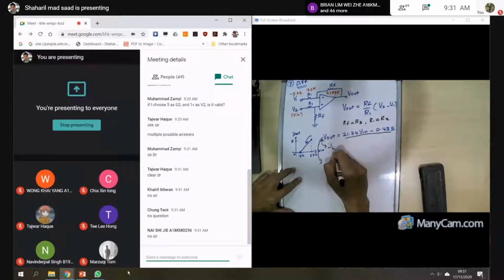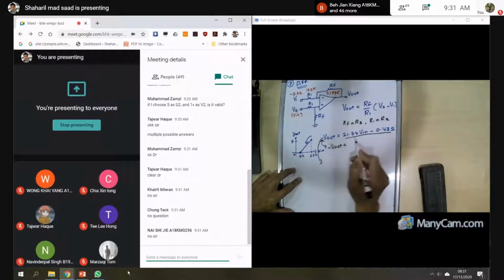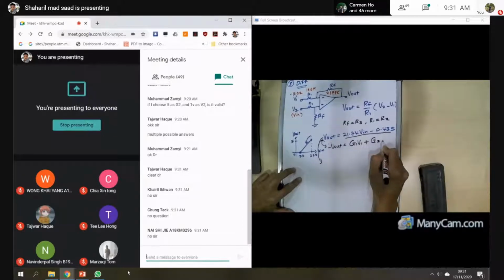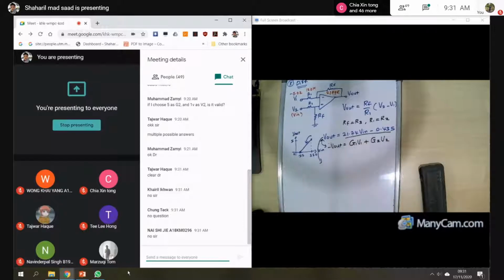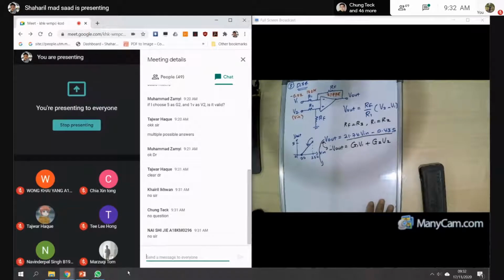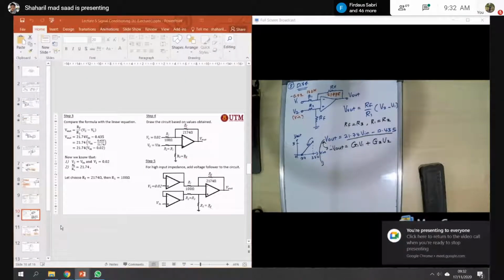So we just compare minus V out with G1 V1 plus G2 V2, because there are only two inputs here. Then you can compare V in, this one, the sum. The good thing is you can use the summing circuit also. It will give you the same output as the differential.